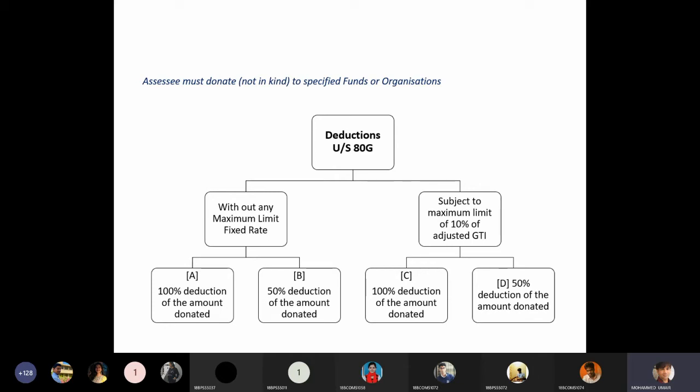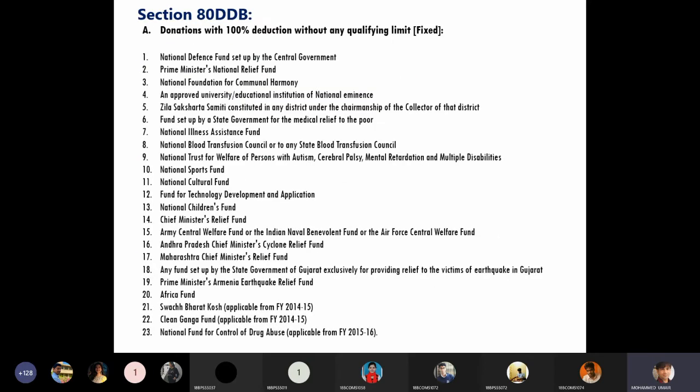Now, what are the categories of funds that fall under category A? It's a big list. These are the funds that fall under category A. Flat deduction at 100%.